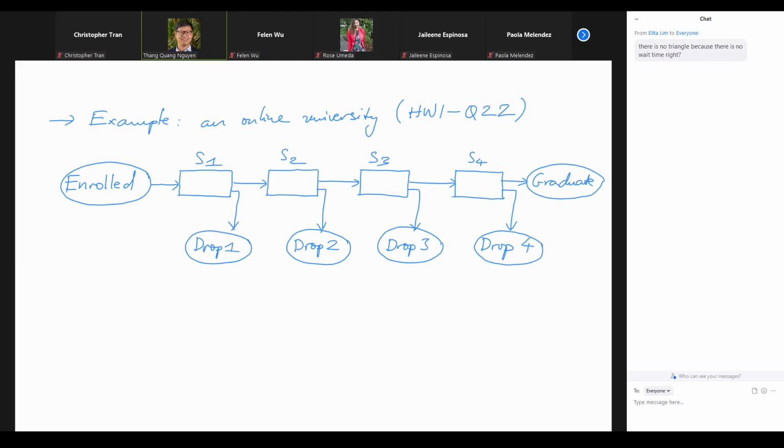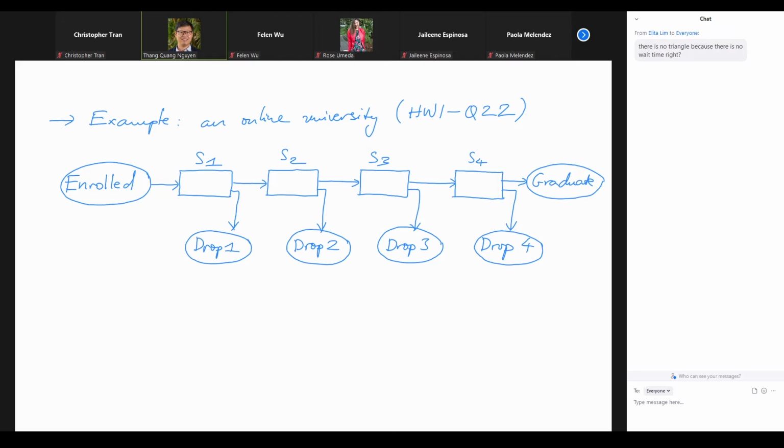Okay, so this picture tells us how the online university process is structured, how the student will have to go through that process. So we see the entry point, only one entry point in this case, and we have multiple possible exit points, depending on everybody's own experience through the university.